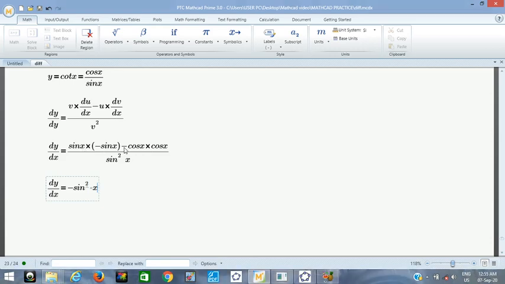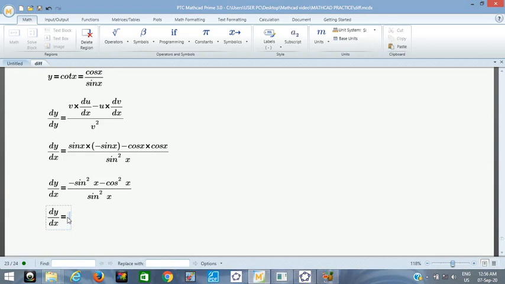Then this is also minus cos x times cos x, which gives us cos squared x, then everything divided by sine squared x. So dy/dx should be equal to what now?